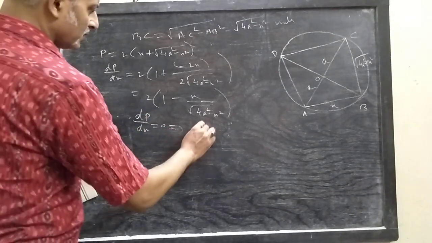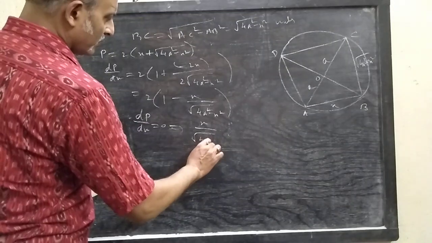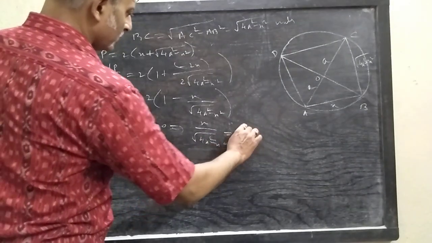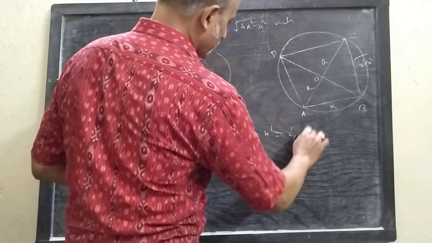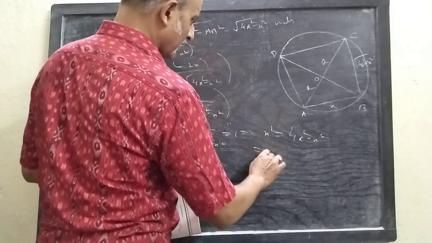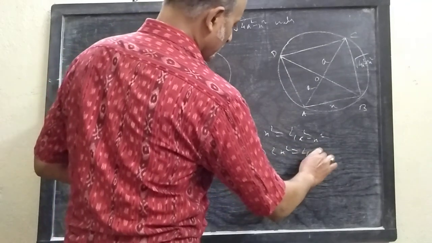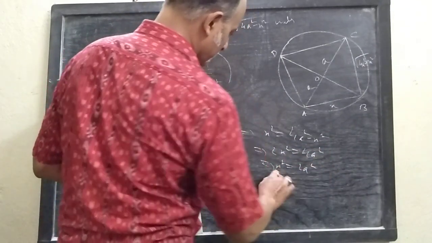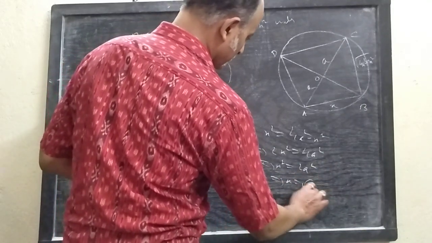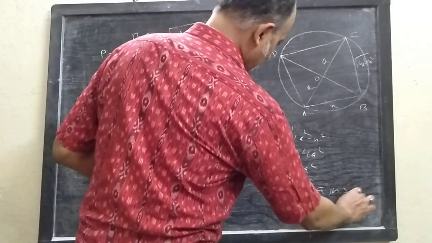That implies x by root over of 4a square minus x square equals 1. That implies x square equals 4a square minus x square. That implies 2x square equals 4a square. That implies x square equals 2a square. That implies x equals root 2 a, because x is positive.